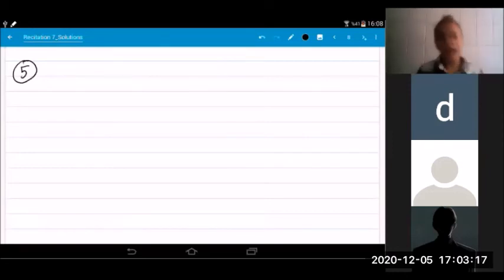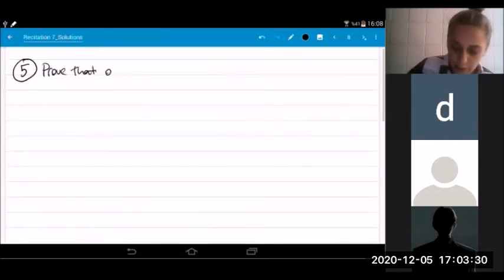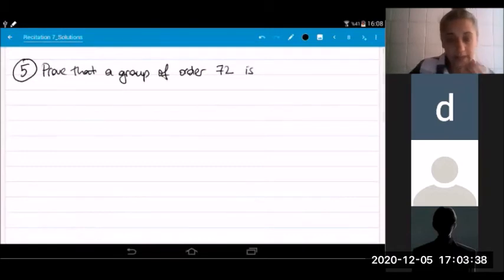Now, we know that every group of order 217 has to be cyclic, right? Now, prove that a group of order 72 is not simple.